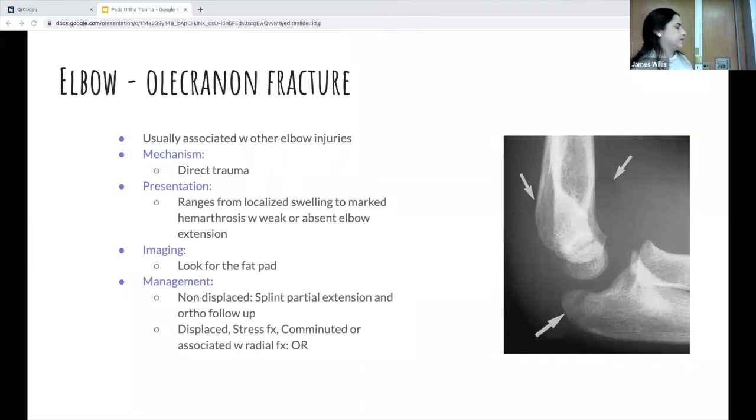Presentation, it might be just swelling, but they can have prominent hemarthrosis, and they will have limited or absent elbow extension. X-ray is the same, you need AP and lateral, and you're going to look for your fat pads. Management, if it is non-displaced, you can splint them in partial extension with ortho follow-up. If it is displaced, has a stress fracture, is comminuted, or is associated with a radial fracture, they need to go to the OR, okay?